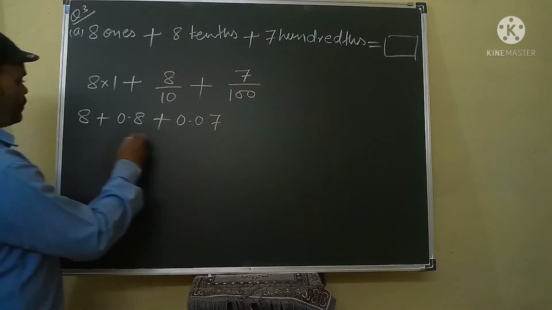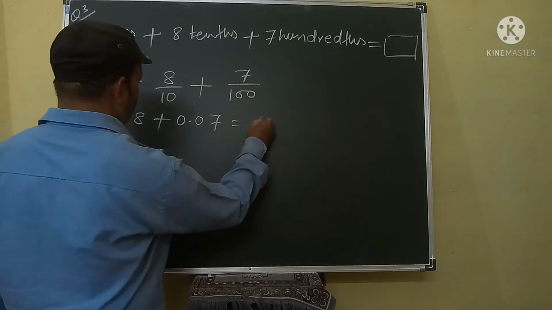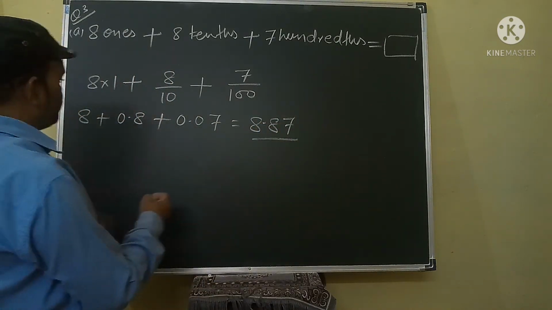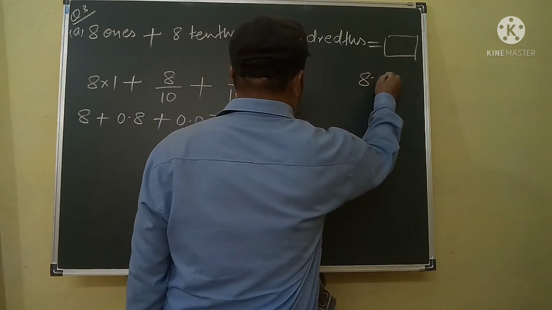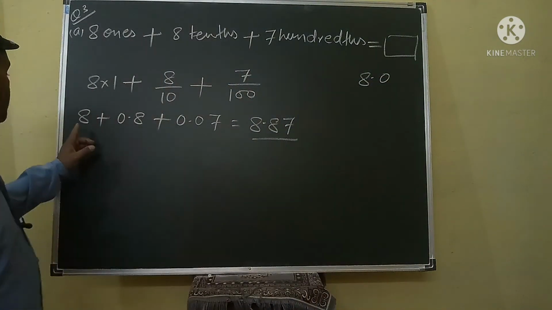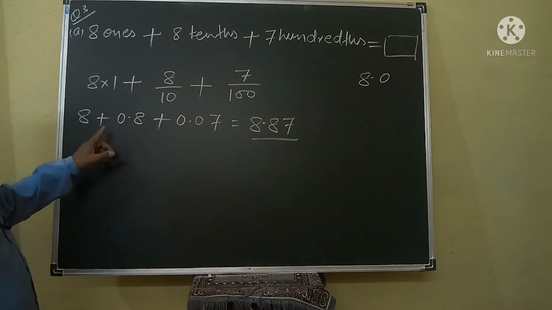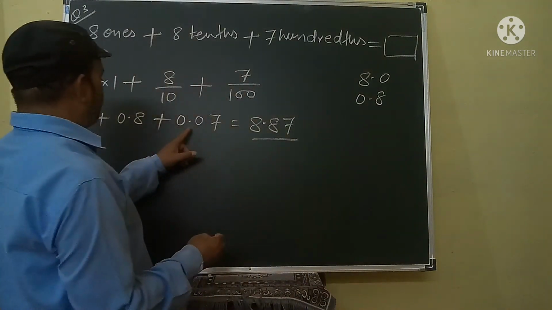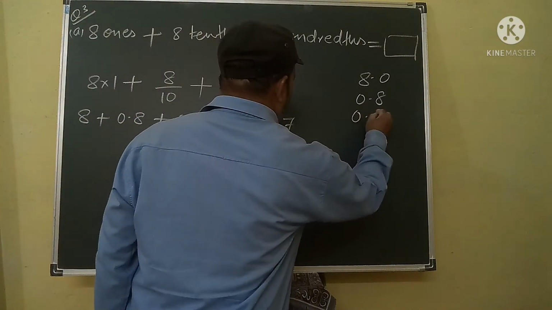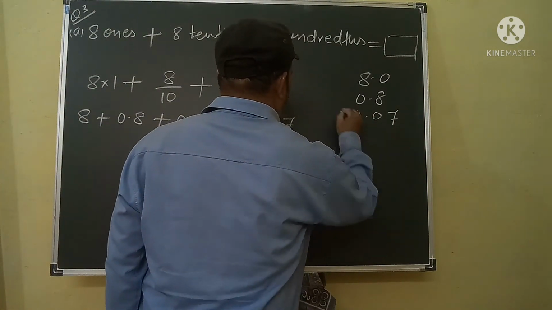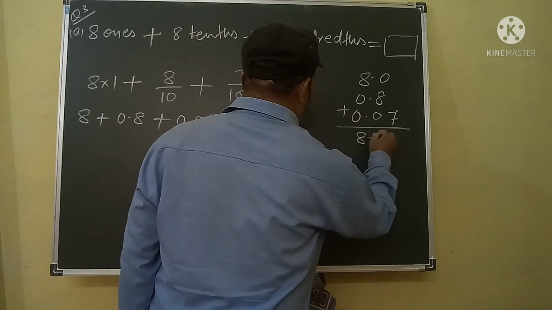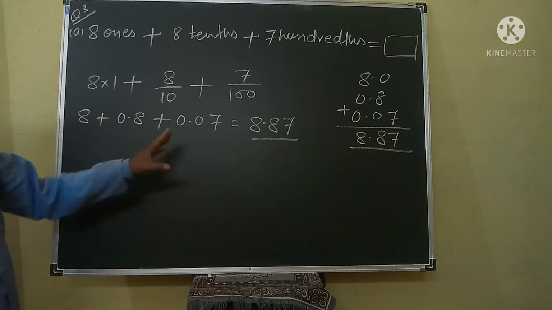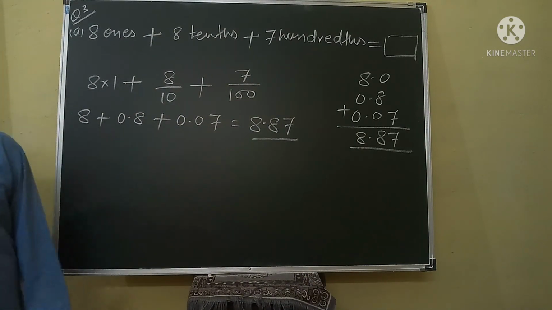After adding you will get 8.87. How can you add? 8 means we can write 8.0, then 0.8, then 0.07. After adding you will get 8.87. 8.87 is the required answer for the given question.